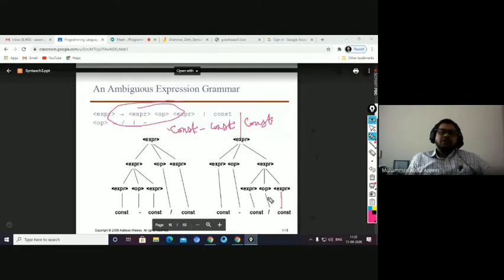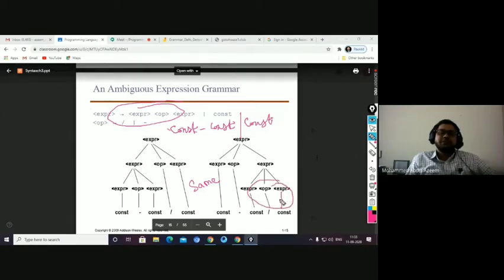Now, tell me, are these two trees the same? No, these two are not the same. They are different. Here, the constant by constant operation will be carried out first.